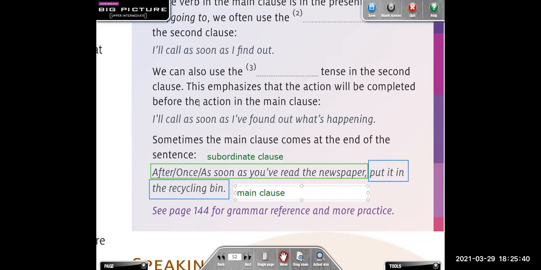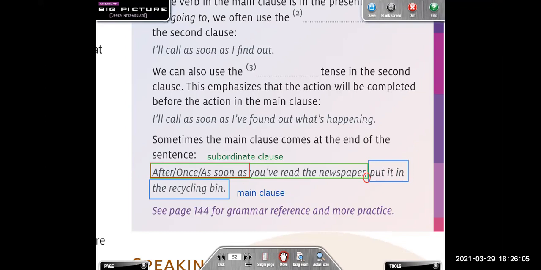Okay, when the main clause goes at the end, we need a comma to add these two clauses. And of course, the expression goes at the beginning. Okay? But if the main clause is at the beginning, we don't need a comma.